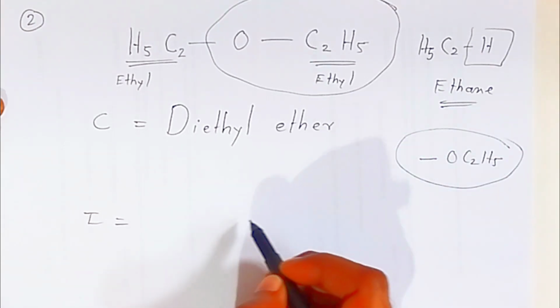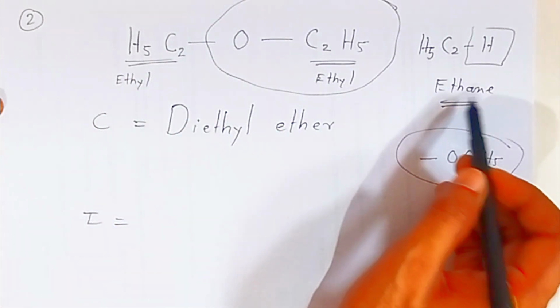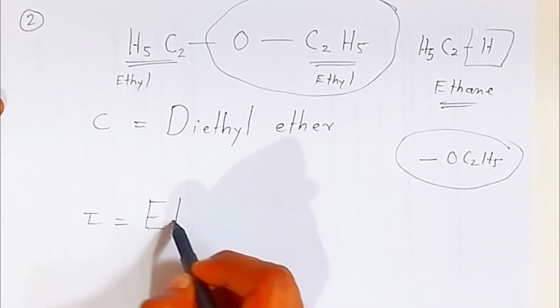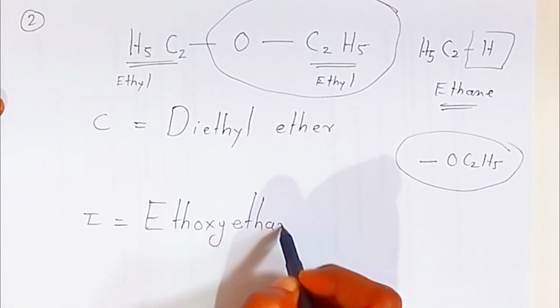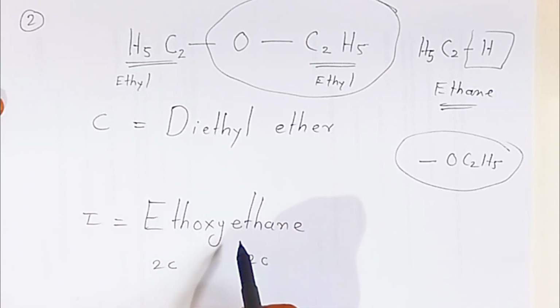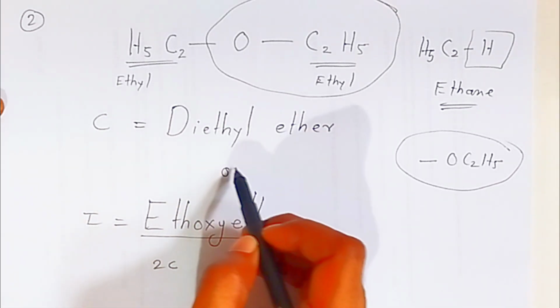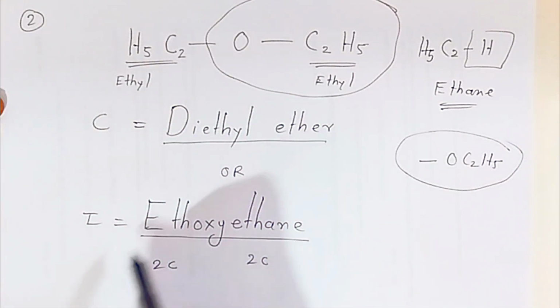Your parent will be ethane, and since ethoxy is attached to this ethane, we call it ethoxyethane. Both have two carbons, and ethoxy also has two carbons and one oxygen. So ethoxyethane, a four carbon containing compound. Understanding? So you can say diethyl ether is nothing but ethoxyethane.